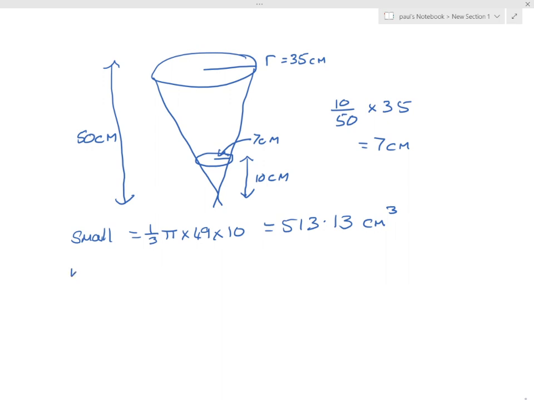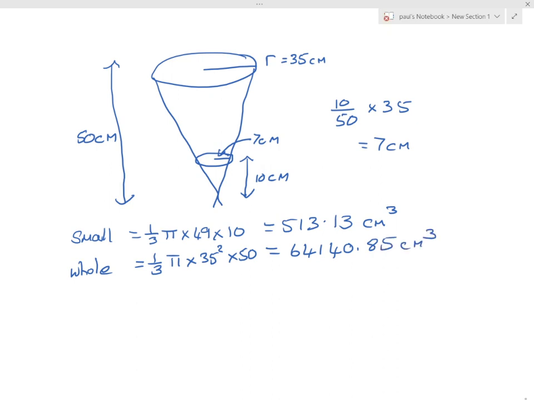And the big one, the whole, equals 1/3 times pi times the radius squared, 35 squared, times 50. That's going to be a big number. So 1 divided by 3 times pi times 35 squared times 50 is 64140.85.